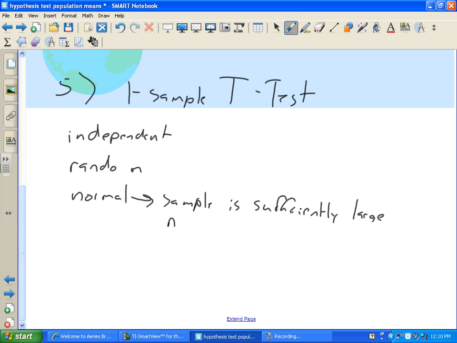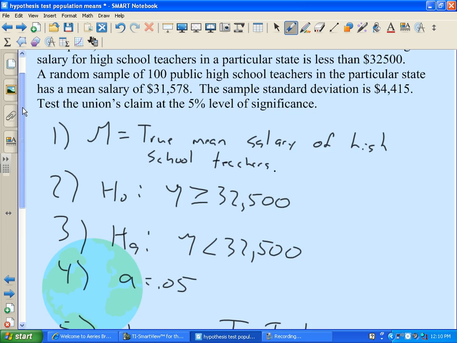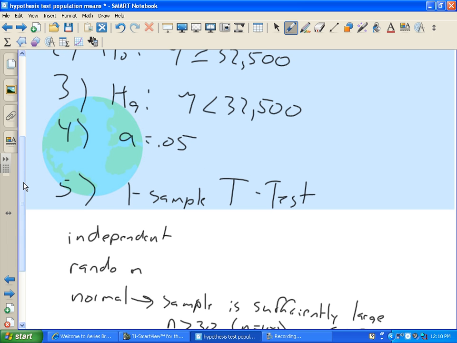I'll just say n greater than or equal to 30, because n equals 100, I think. So central limit theorem is applicable. Random. I think it said random in the problem. A random sample. So sample is random. That's just one sentence.